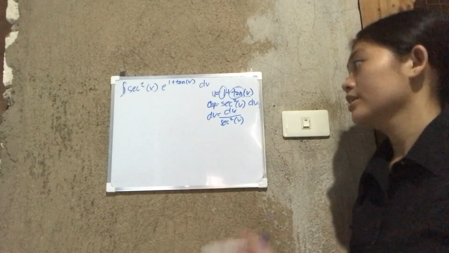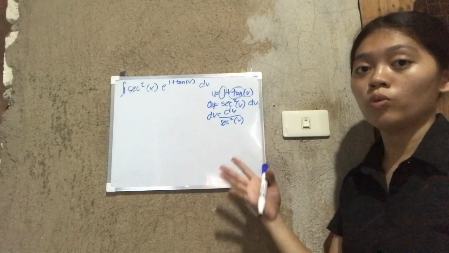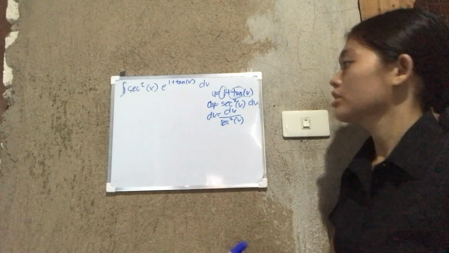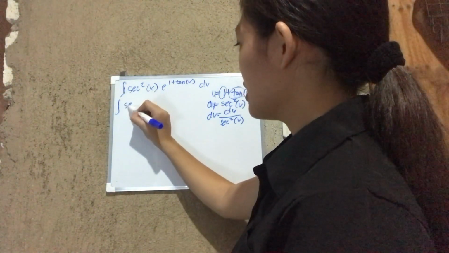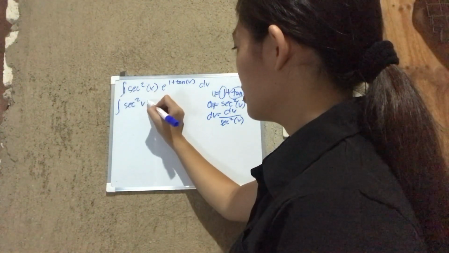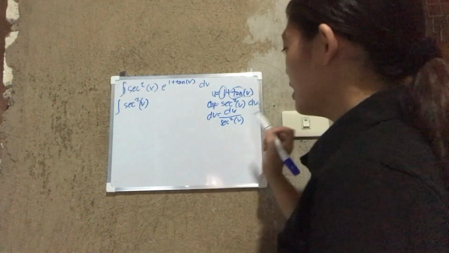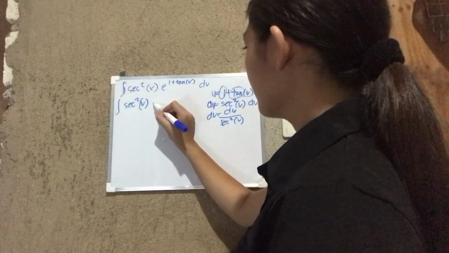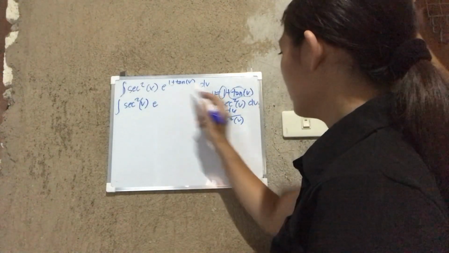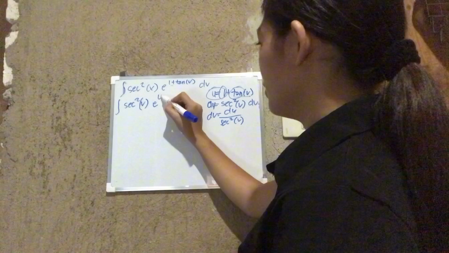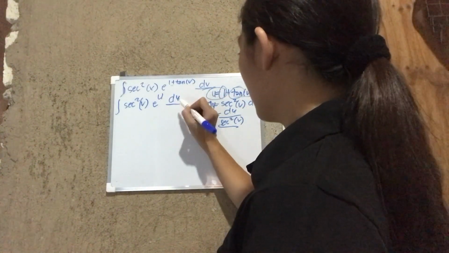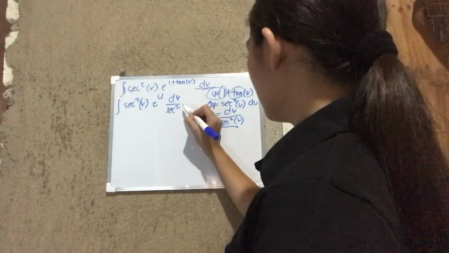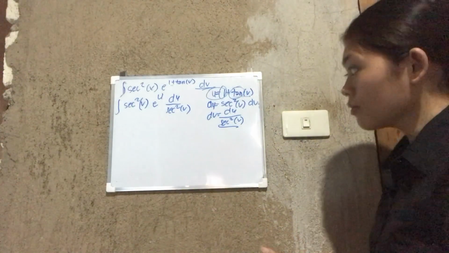Now that we have these terms, let's substitute this to the original function. So we have here, copy the secant squared v, and then substitute this with the variable u, then the dv, which is du over sec squared v.